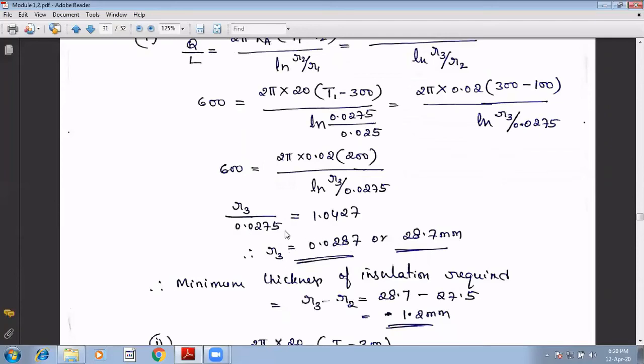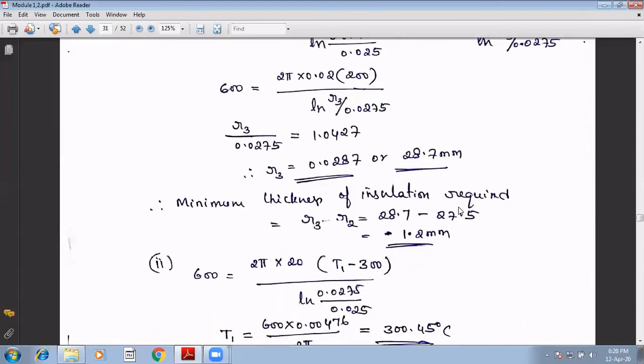R3 is nothing but this multiplied by this value. It is 28.7 mm. Now the thickness required for insulation is outer radius minus inner radius, so it comes around 1.2 mm.